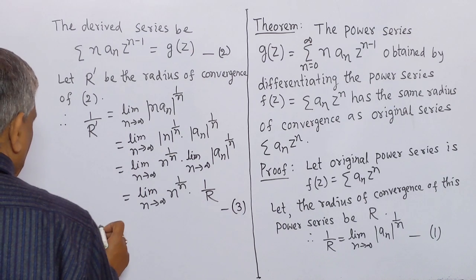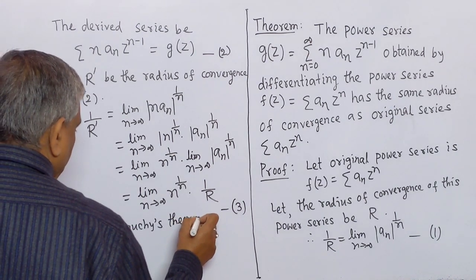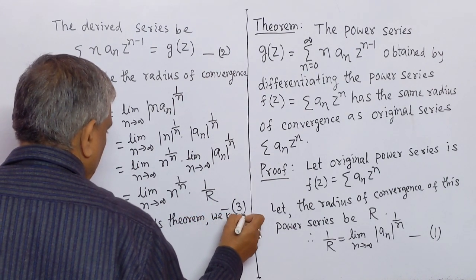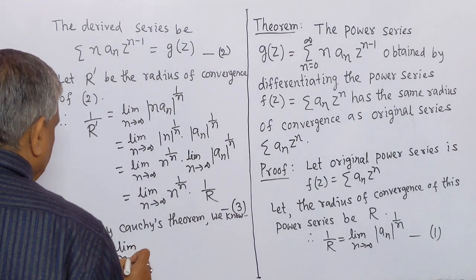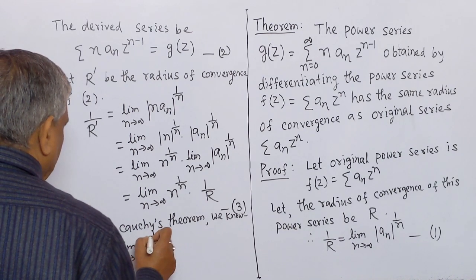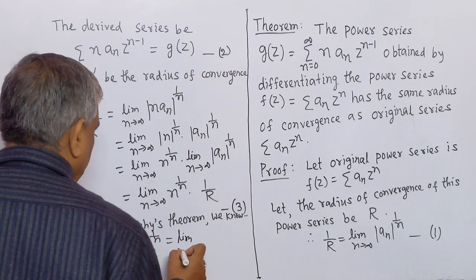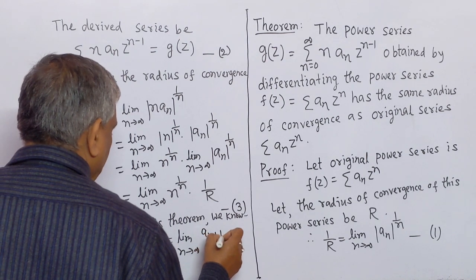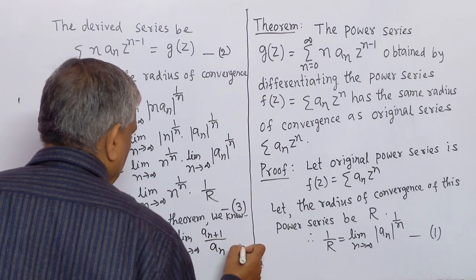Since by Cauchy's theorem we know limit n tends to infinity a_n^(1/n) = limit n tends to infinity a_(n+1)/a_n. Let this be number 4.